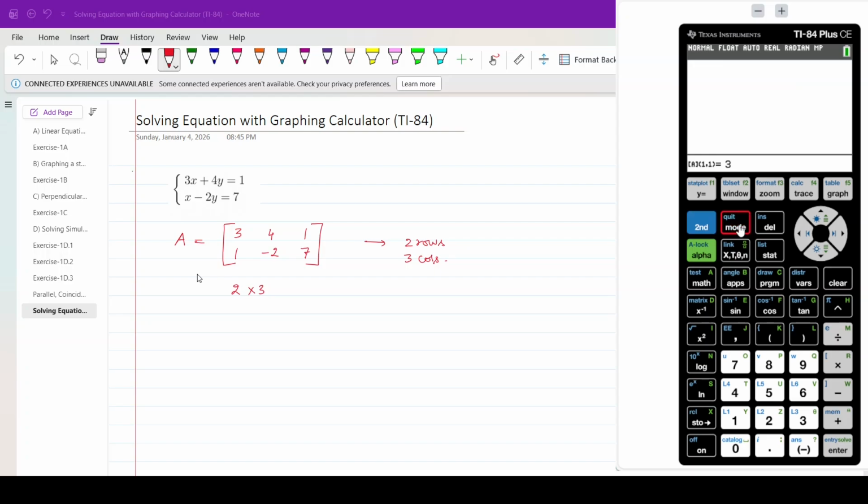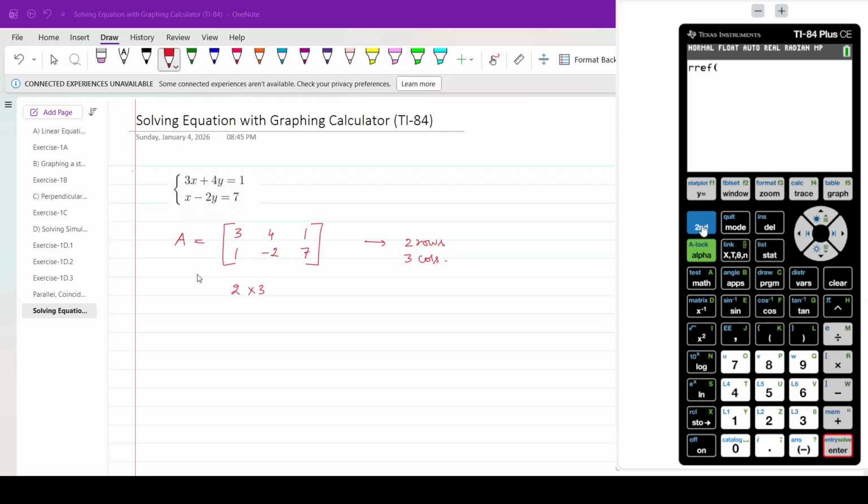We'll just quit it, and now we'll go to matrix again, and now we'll go to this math section. When we go to this math section and go down to the option where it says rref and press enter, now we need to insert the value of matrix A in this rref.